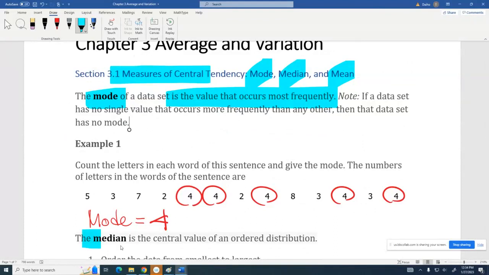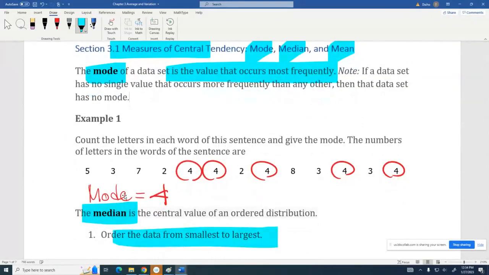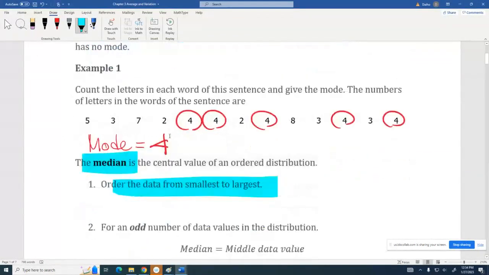The second one is the median. For the median, we have to put them in order, because the median must be in the middle, right? So let me put them in order. Who is the least? 2. How many 2s? 2 2s, right? Next, how many? 3 3s.